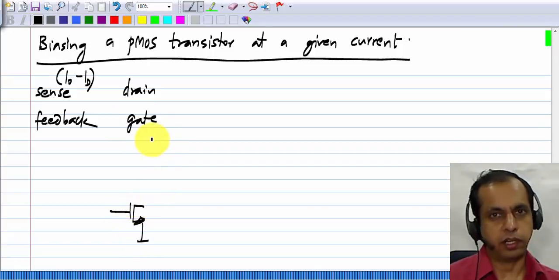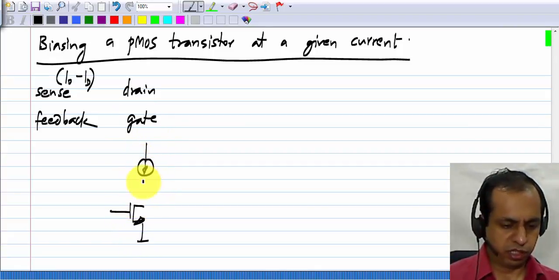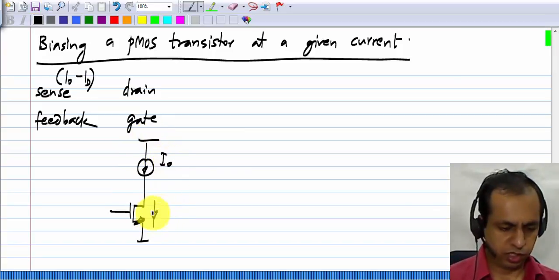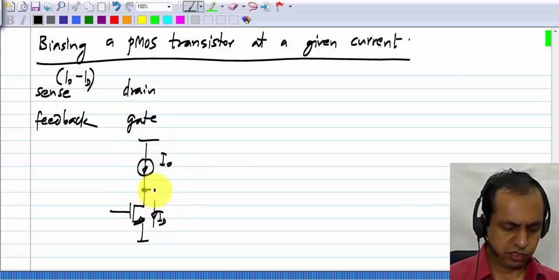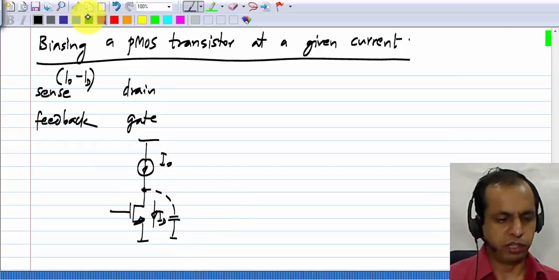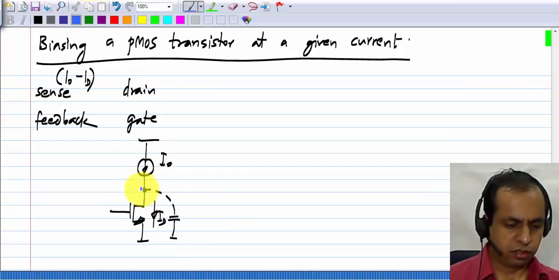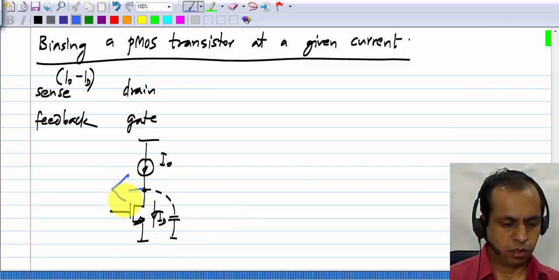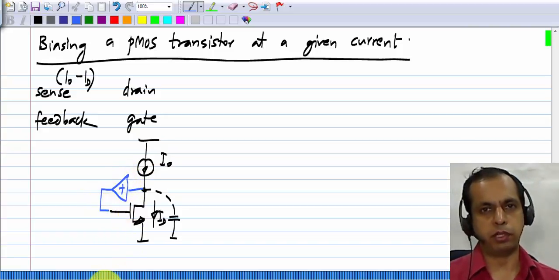To sense at the drain, you have to connect the current source I0 over there so that the difference I0 minus ID flows into the parasitic capacitor and changes the drain voltage. And to feedback to the gate, you have to complete the feedback through a positive incremental gain.